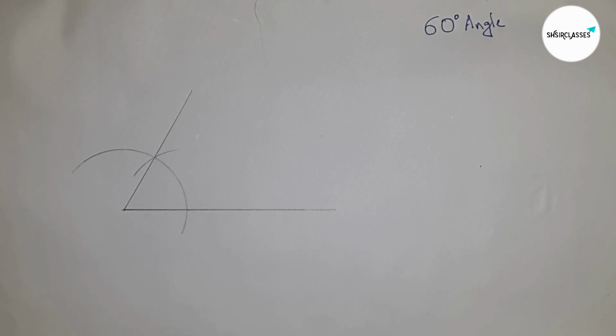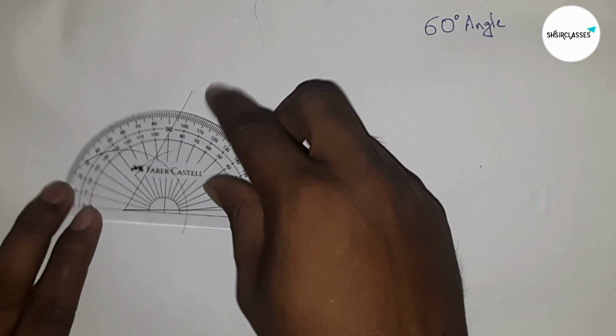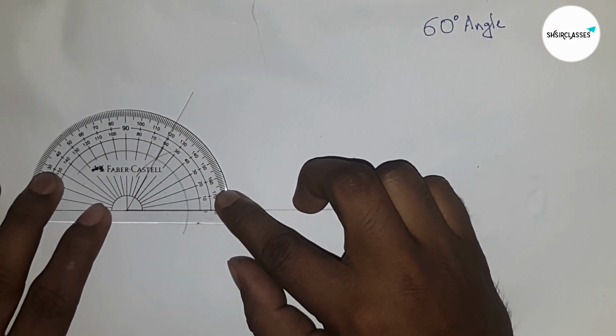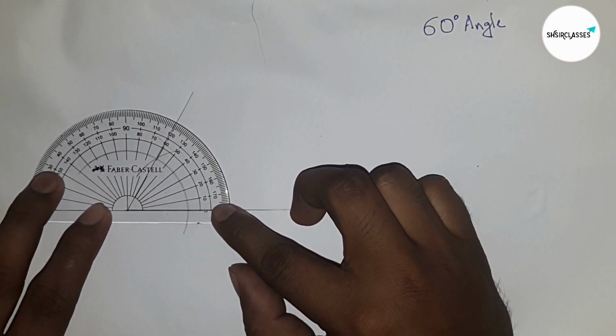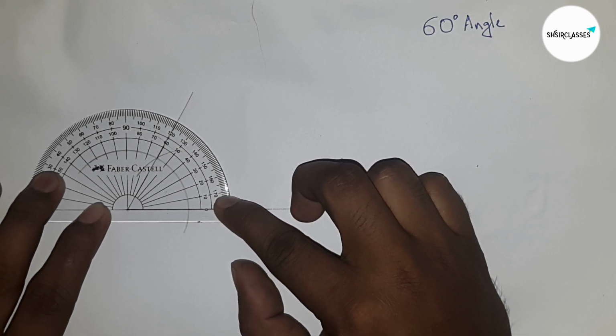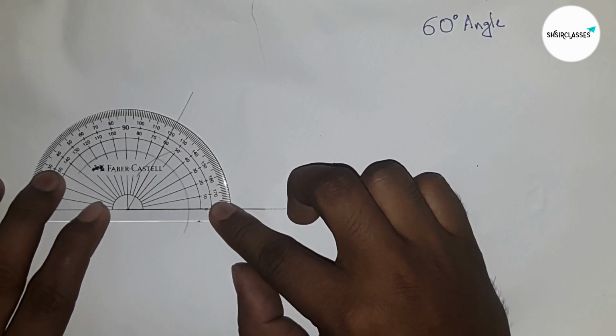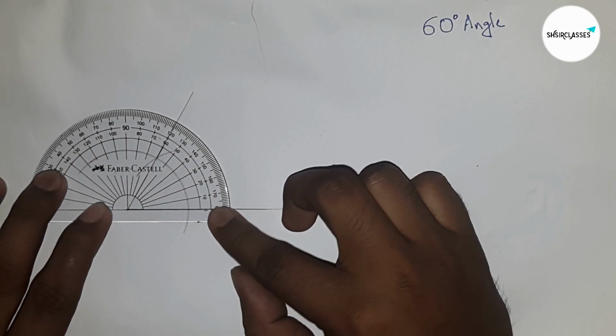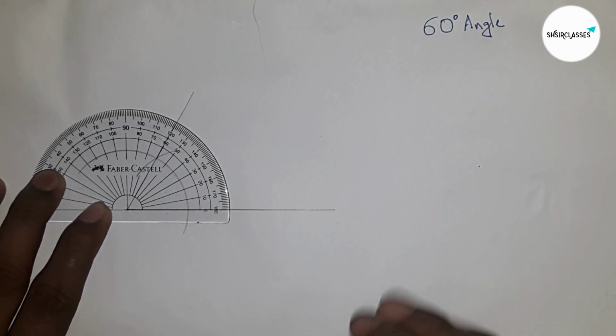Now I'm going to check whether it is 60 degrees or not. So by this I'm going to check this. So it is a 60-degree angle perfectly.